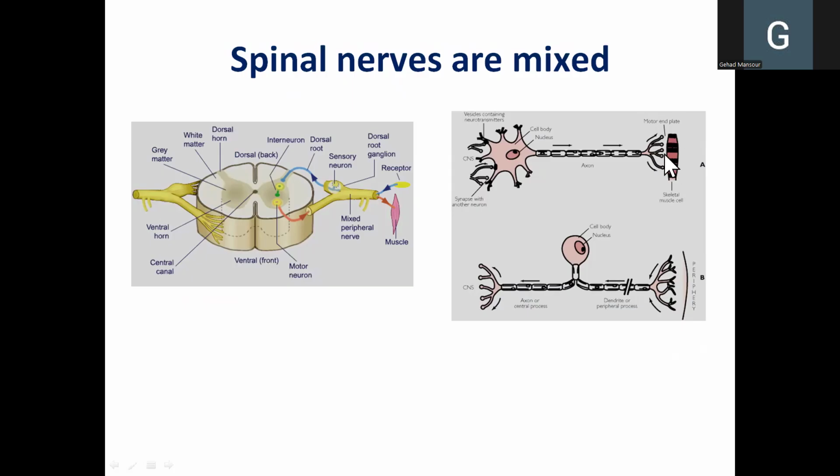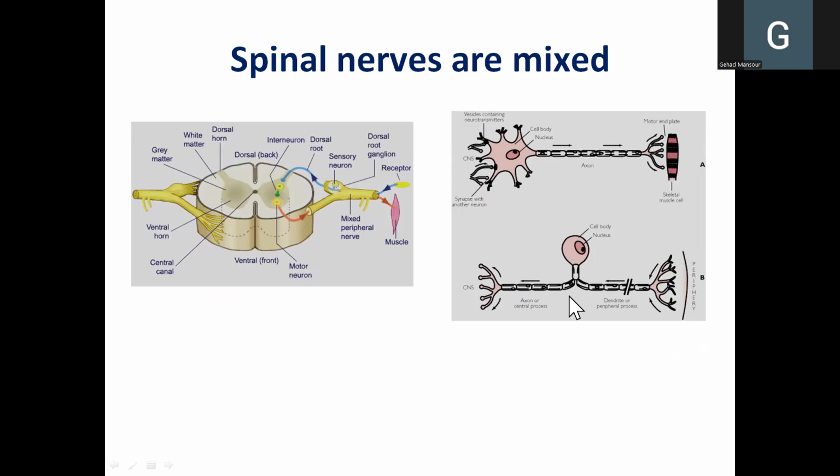But motor end plate is this modified part of the muscle cell membrane that facilitates the entry of sodium and potassium, and therefore the motor end plate is part actually of the cell membrane of the muscle.